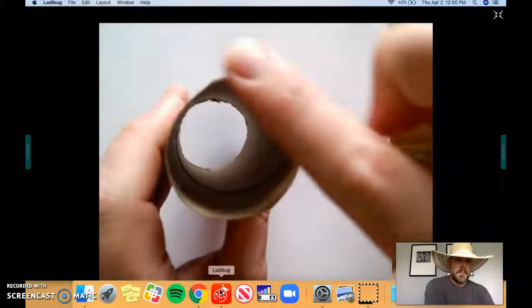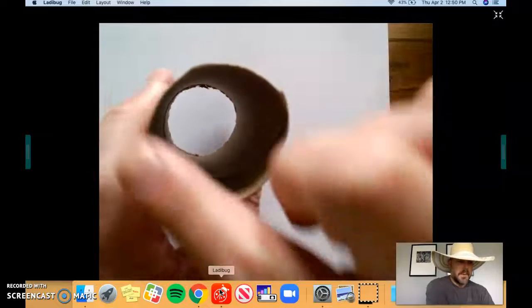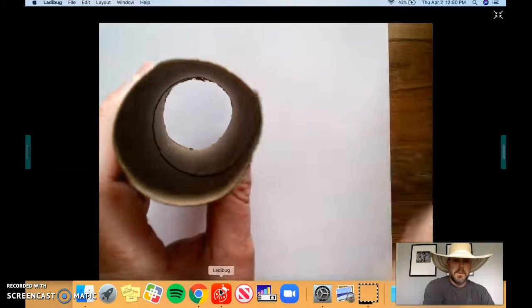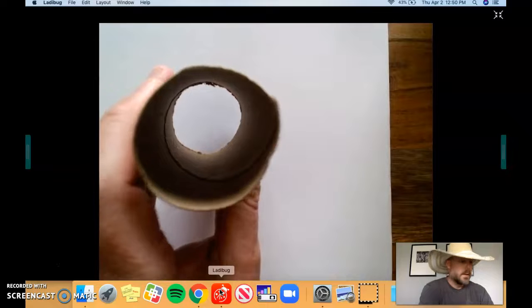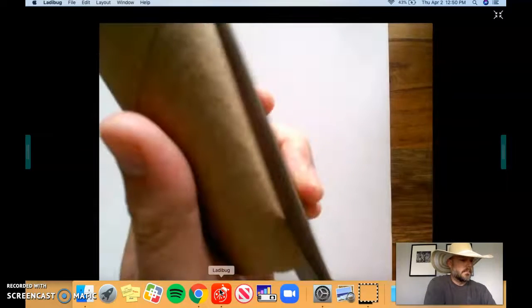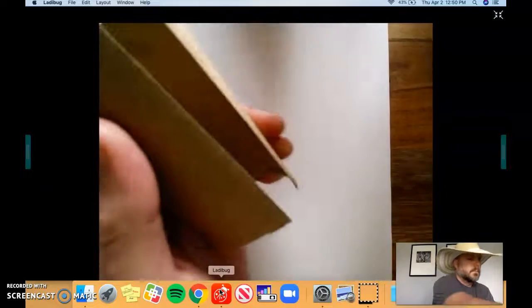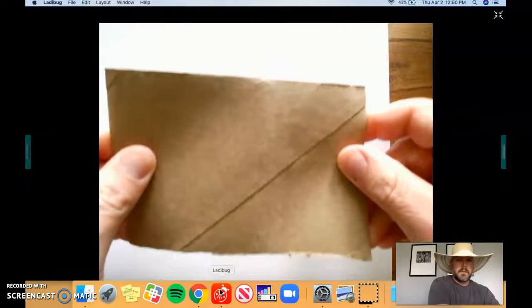The distance around a circle, if you remember, is called the circumference. But if we cut this up the side, it makes a rectangle.